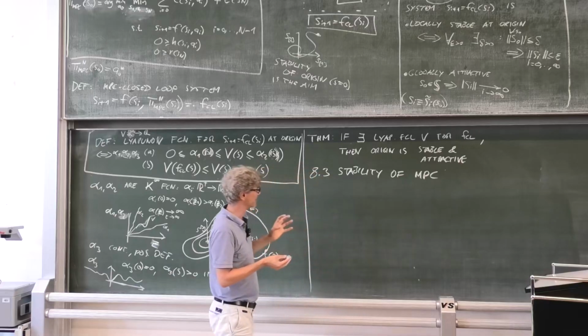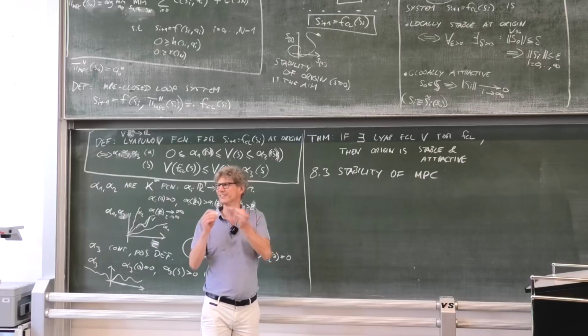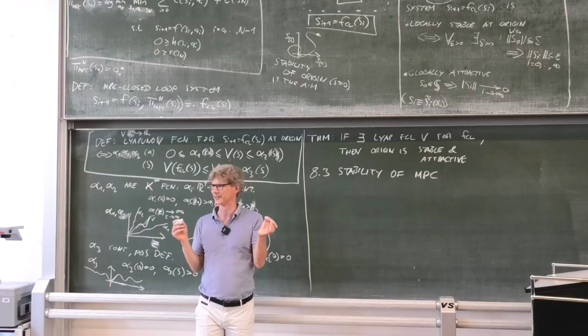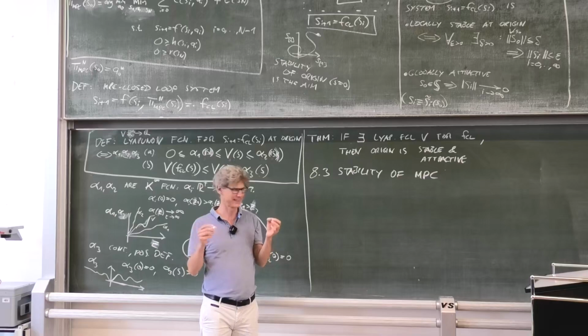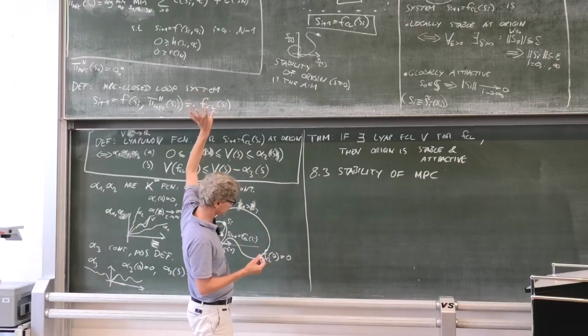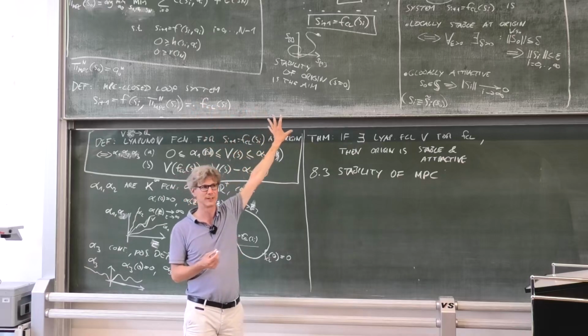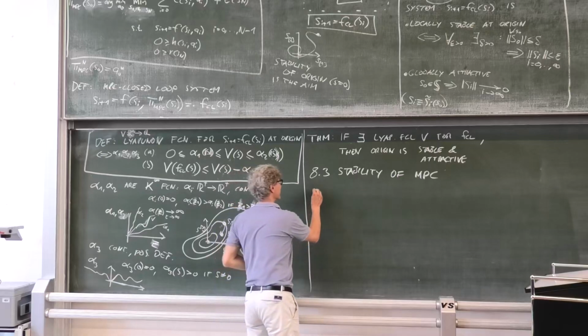So there are basically 2 ideas. The one is that you just penalize deviations from 0 with your cost function. And the second is that you add extra things so that the optimal cost of this is a Lyapunov function. So maybe let me say what the idea is.